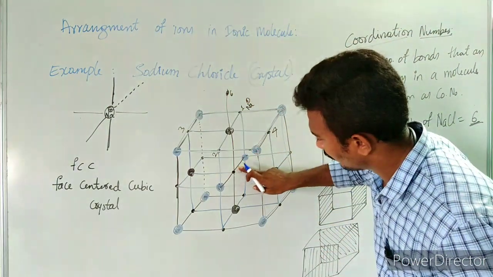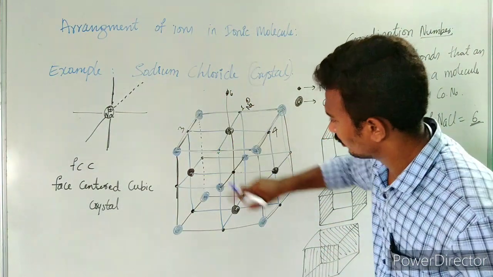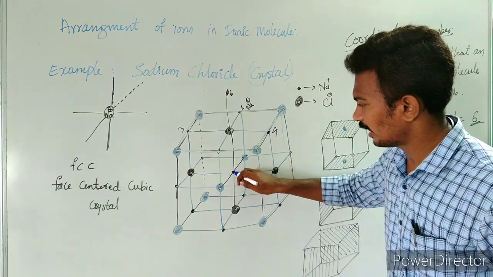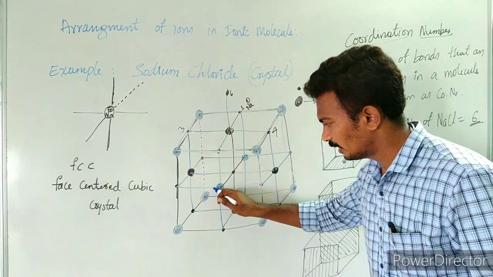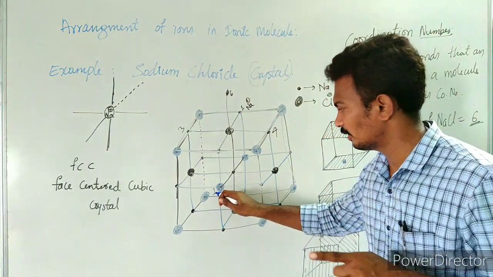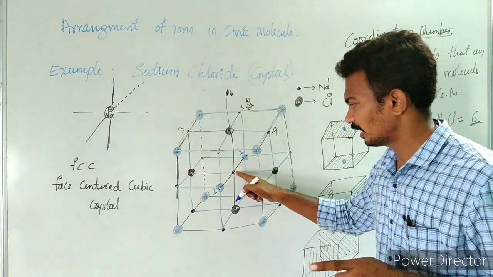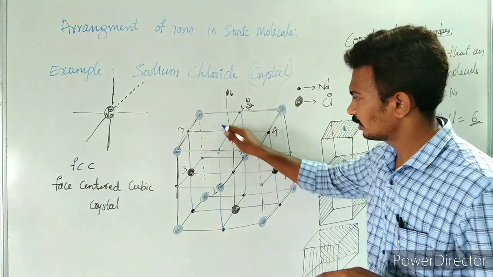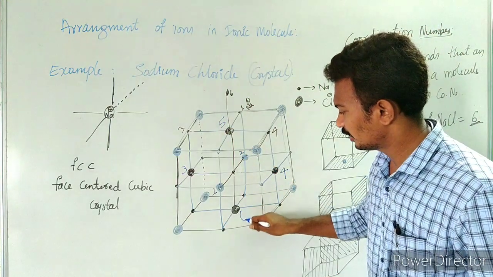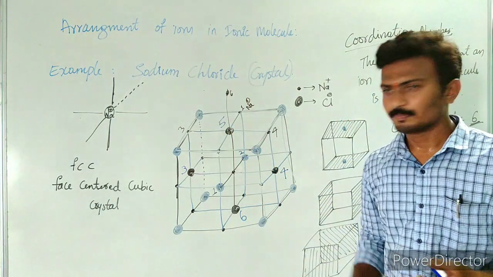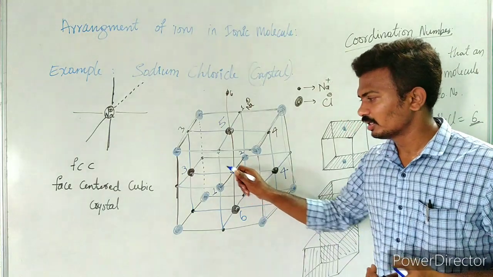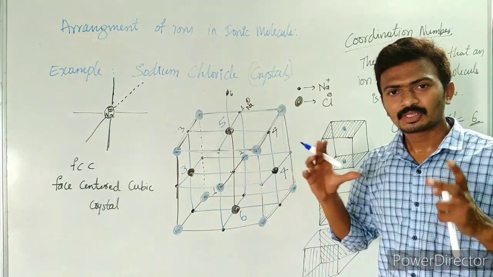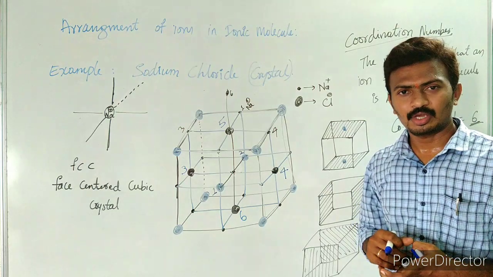Now let us take the example of this Na plus cation. See here, at the front face there is 1 Cl minus, at the back there is a second, at the left there is a third, at the right a fourth, at the top a fifth, and at the bottom a sixth. So this Na plus ion is surrounded by 6 chloride ions.